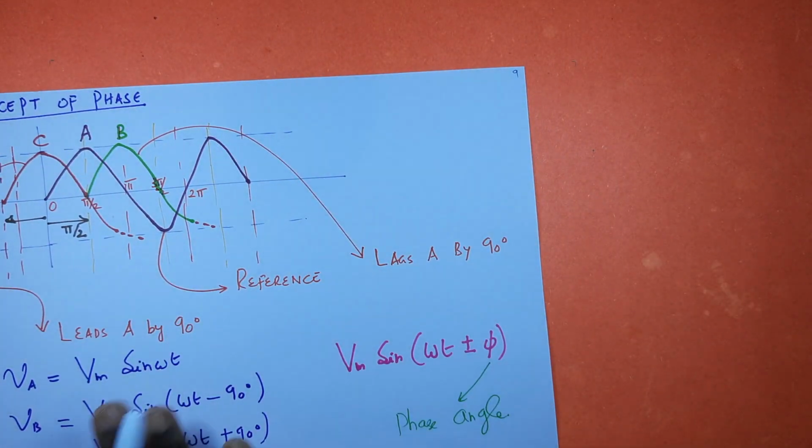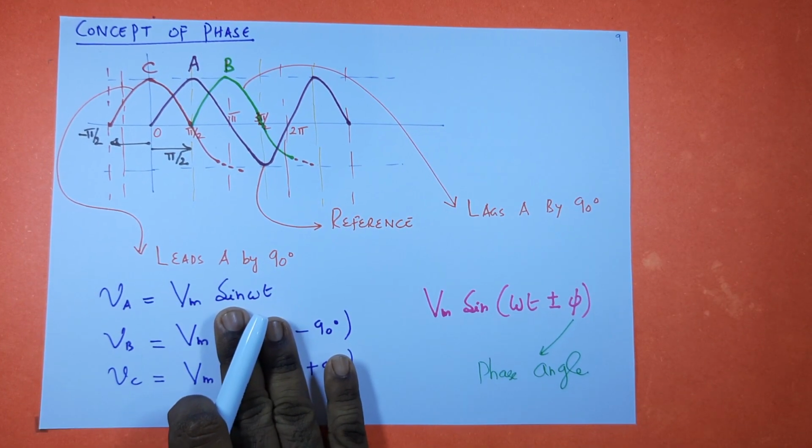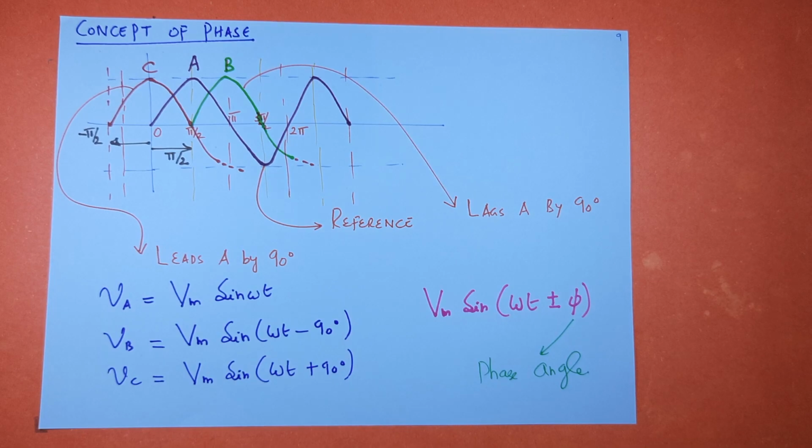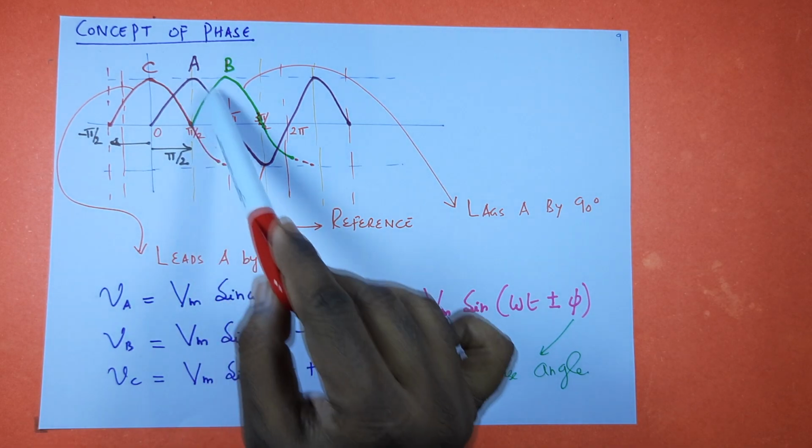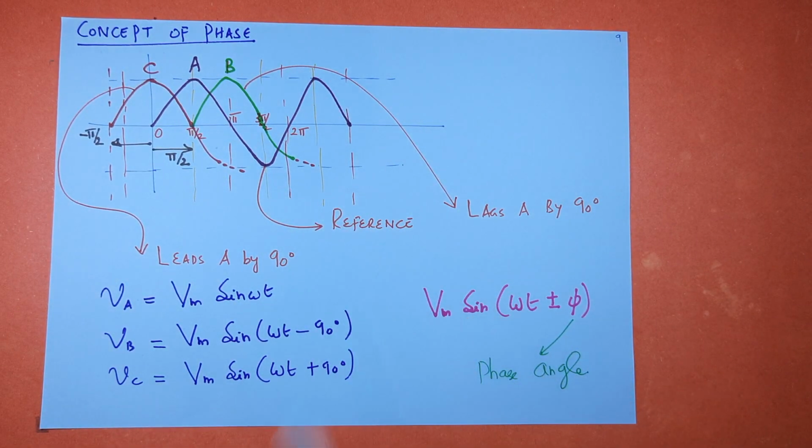Next we shall recall the concept of phase. So this is very important. See here, I have one waveform A. This I call reference waveform, right? This is a reference waveform.